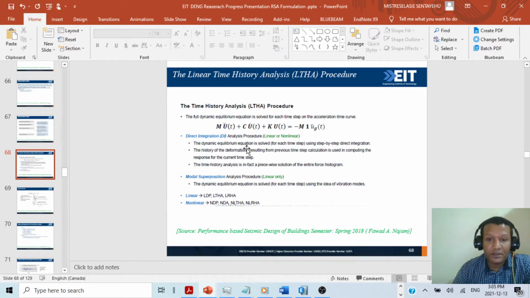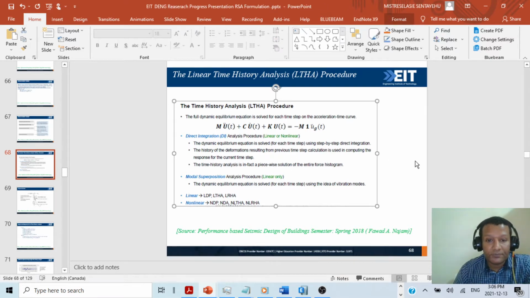So the dynamic equilibrium equation is solved for each time step using step-by-step direct integration, and the history of the deformation resulting from the previous time step calculation is used in computing the response for the current time step. This is another deep concept; we can see the structural dynamics course.